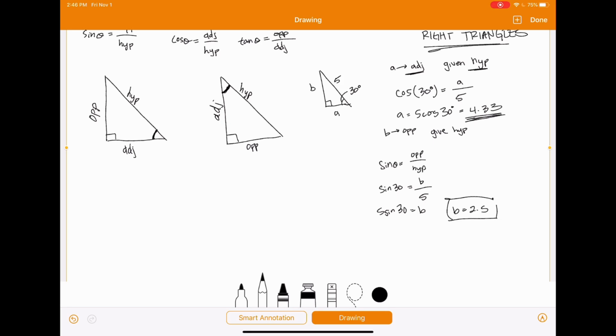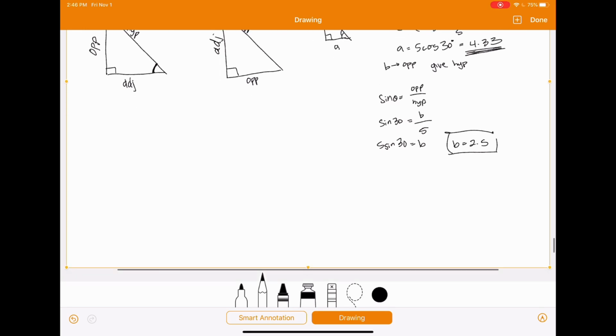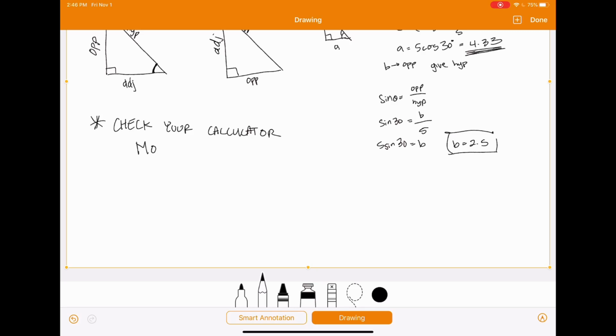Okay, now another thing to remember that's super, super important is to check your calculator mode. If it's in radian mode and you're using degrees, you're going to get the wrong answer.